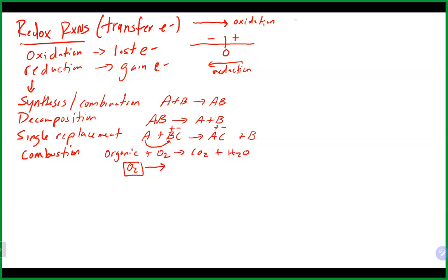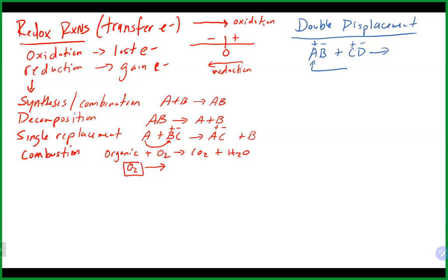The other big umbrella of classifications is double displacement reactions. In a double displacement reaction, the way that we can recognize it is you will have two ionic compounds, a positive and negative guy on each there. And what always happens in a double displacement reaction is these two positive guys will switch partners on the other side.